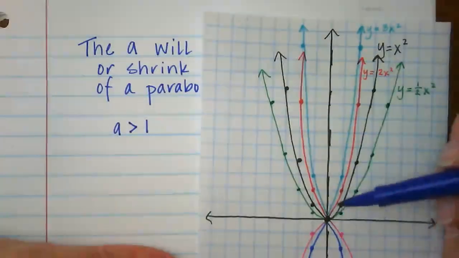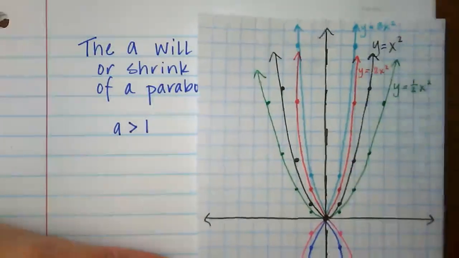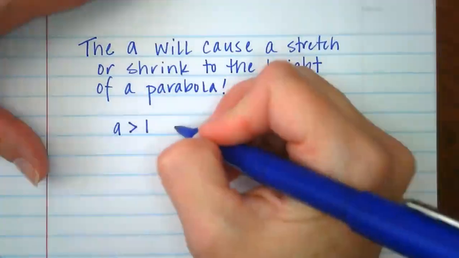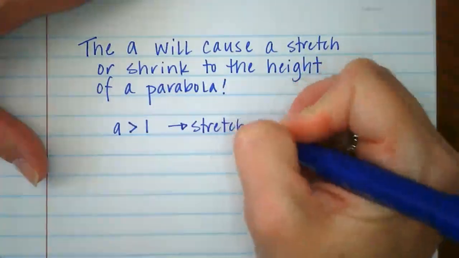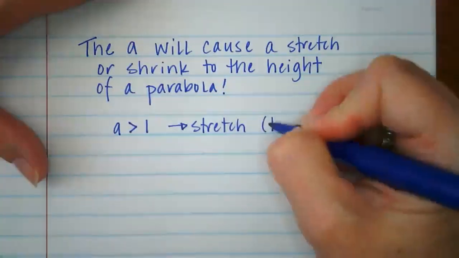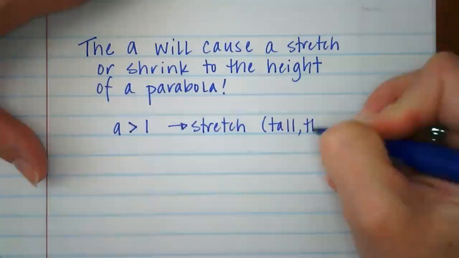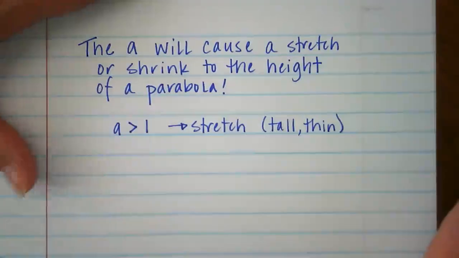when a was larger than 1, our parabola was stretched out, which made it taller and skinnier. So that is a stretch, and it was tall and thin.